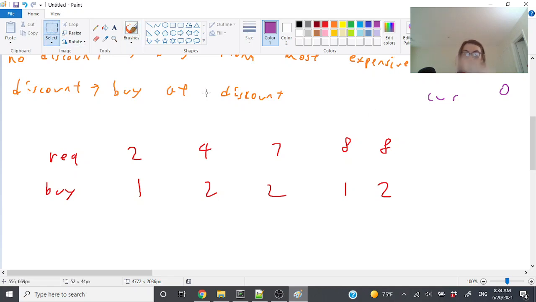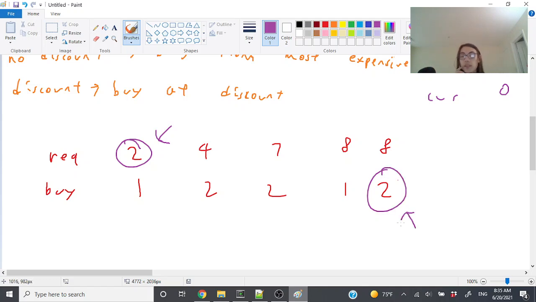The first thing we would do is, because we don't have any discount on the cheapest one, buy from the most expensive. The amount we buy is the smaller of however many we need to buy to get this, or the number of items of this we have in total.